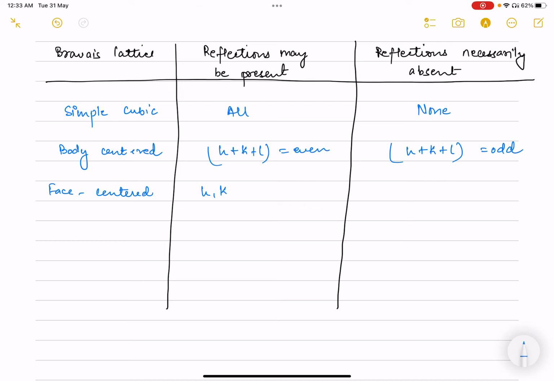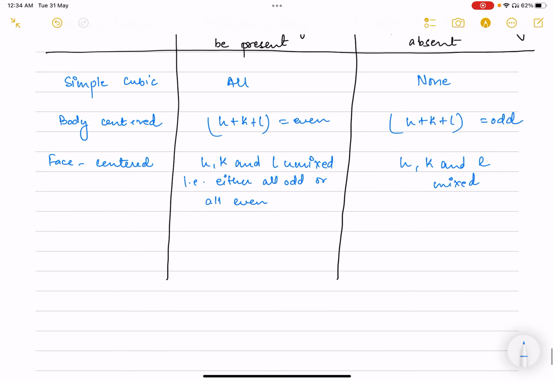So H, K and L unmixed, that is either all odd or all even, may be present, and those necessarily absent are H, K and L mixed.